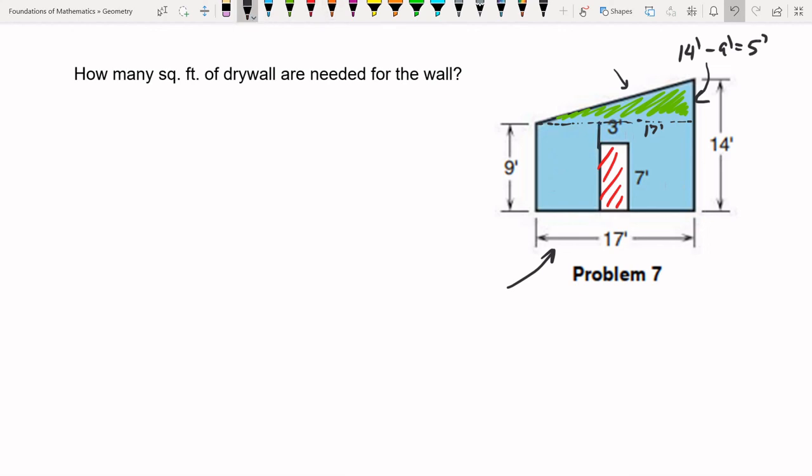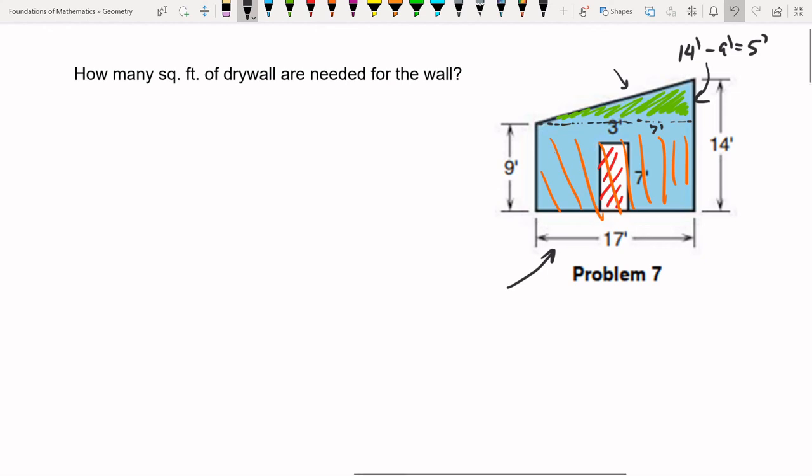We could break it up into this: that rectangle, and then that small rectangle, and then that rectangle there. However, I think what's easier to do is to look at the entirety of this, including the doorway, and then just subtract the doorway off of the square. It's probably simpler because there's less things to solve for.